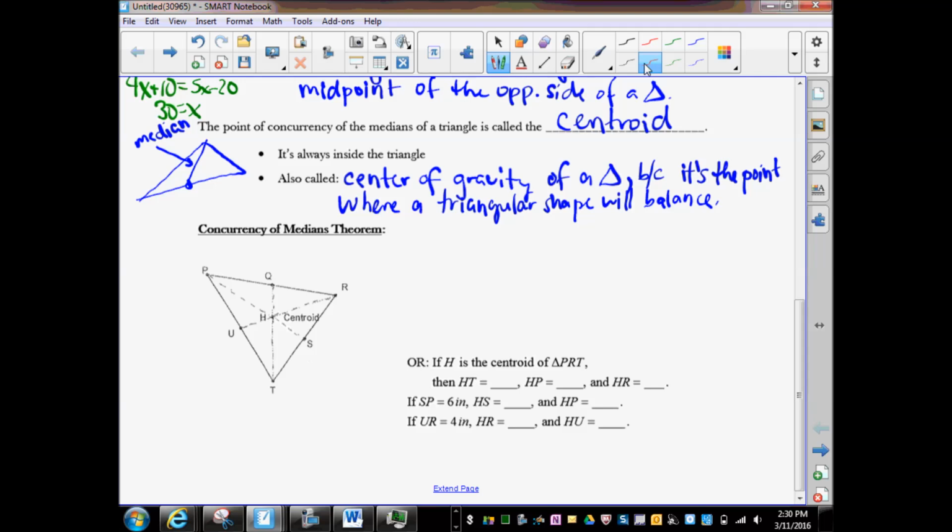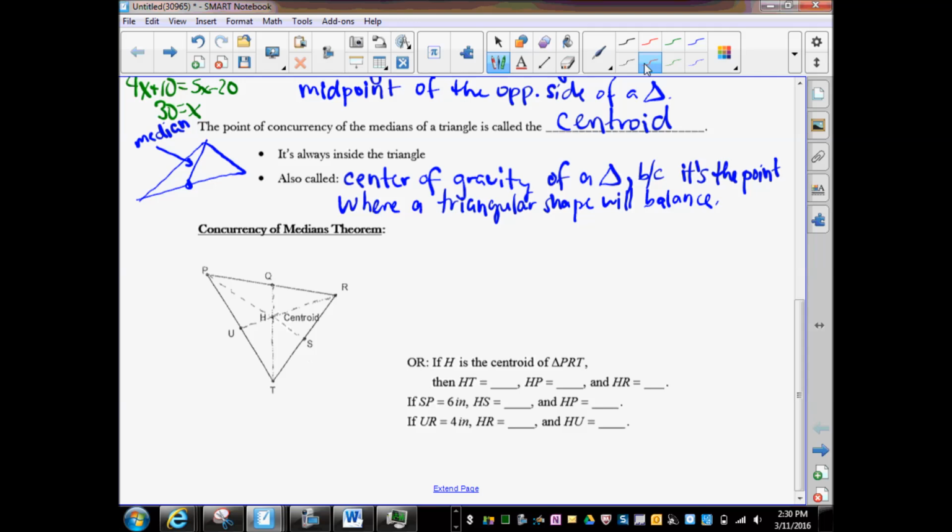Triangles have a point of concurrency, the centroid, but it's not necessarily so for all other shapes. Regular ones will intersect at the same point, but for an irregular shape like an irregular pentagon, the medians won't necessarily intersect at the same point.